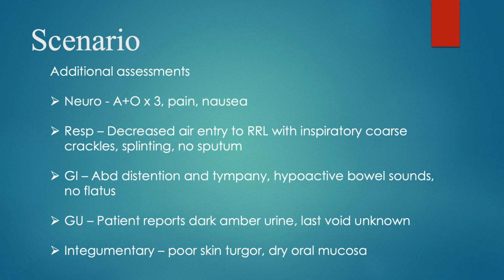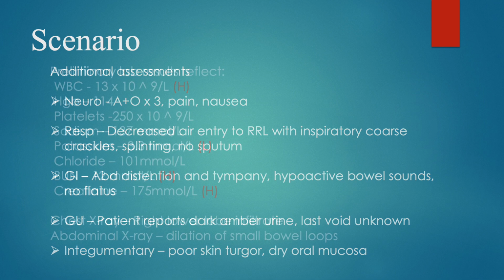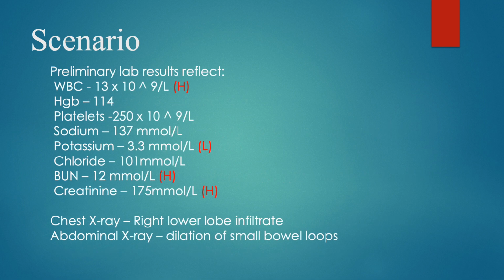Poor skin turgor and dry oral mucosa is noted. Preliminary lab results reflect an elevated white blood cell count, a low potassium level. BUN and creatinine are also high. Chest X-ray reveals right lower lobe infiltrate, and the abdominal X-ray reveals dilation of small bowel loops.